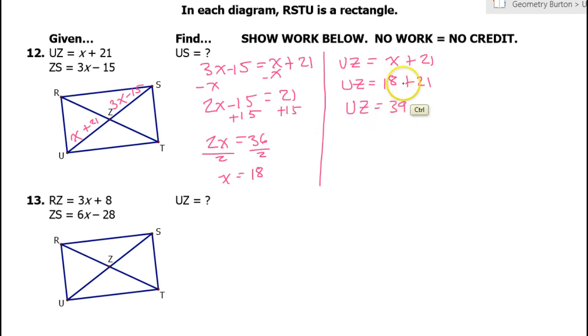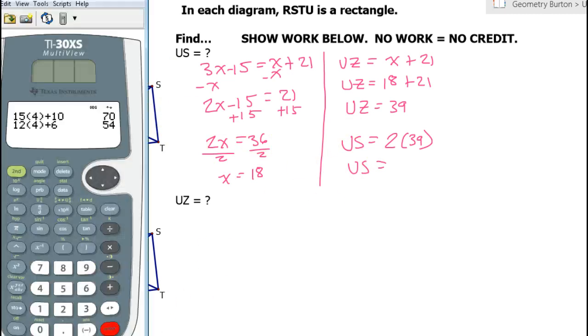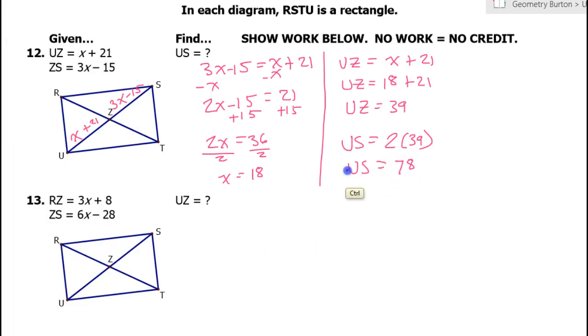So UZ is 39. Okay, now UZ is half of the diagonal. So US should be double this. All right, because US is the whole diagonal. So x is equal to 18, and US is 78.